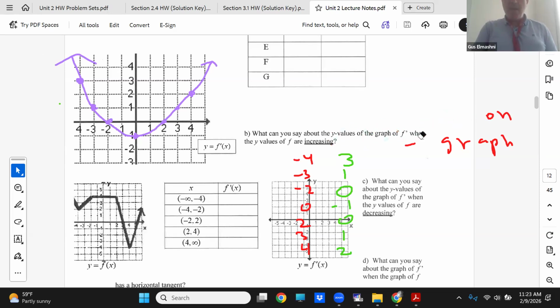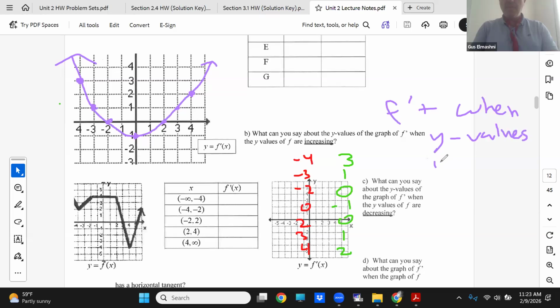So what can you say about the y values of the graph f prime when the y values of f are increasing? Well, obviously f prime is positive. On the f graph, for example, my f graph looked like this, right?